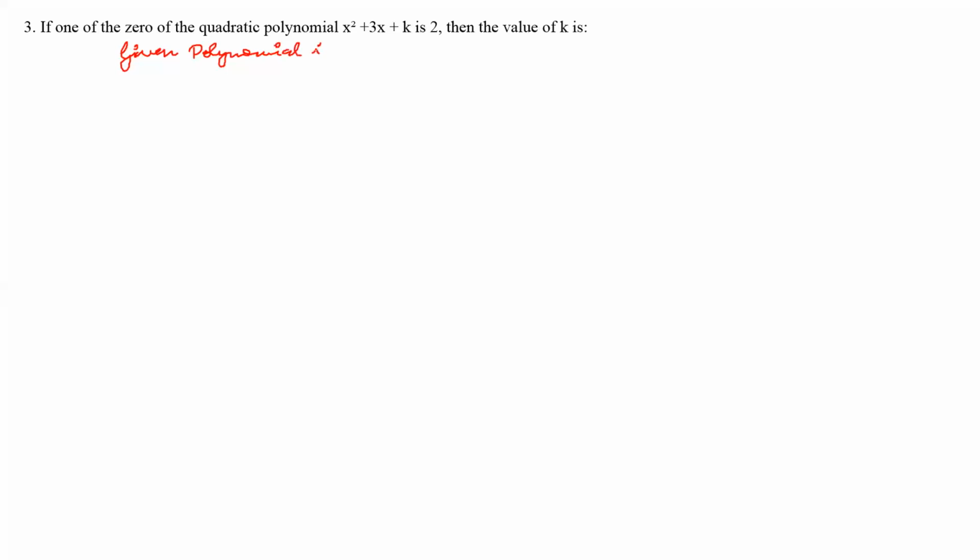Given polynomial is p of x, which is equal to x square plus 3x plus k. One of the zeros of the polynomial is 2.